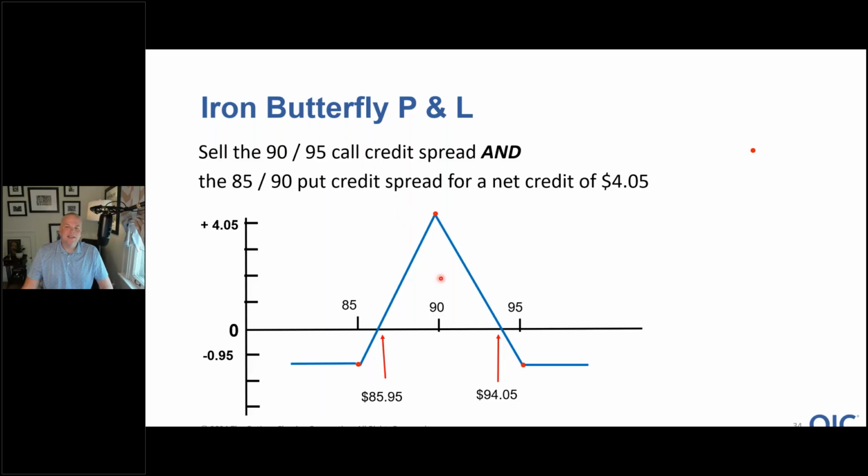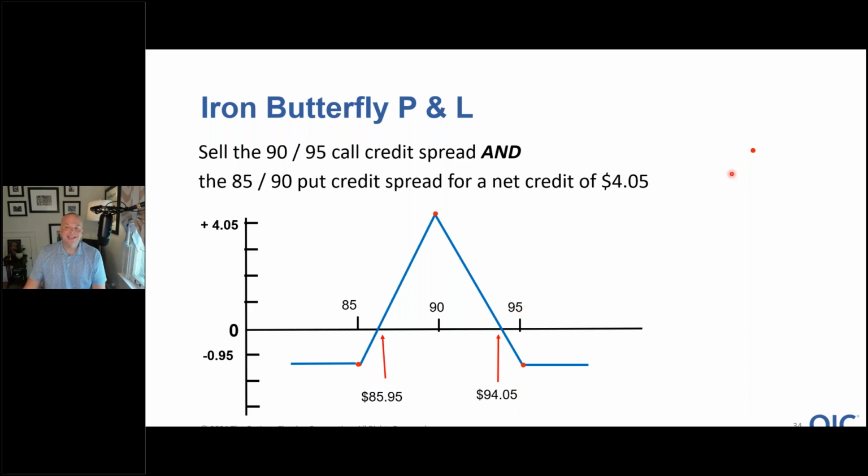And in this case, as long as the stock stays within this 85.95 to 94.05 range, this position is going to be profitable, or it's going to be within its break evens at expiration. The same dynamics that I explained at the beginning as far as the put spread dynamic and the call spread dynamic when you're talking about being in between those two strikes at expiration, in this case, in between the 85s and the 90s, or in between the 90s and the 95s at expiration, those same dynamics apply here, but they apply in both directions.